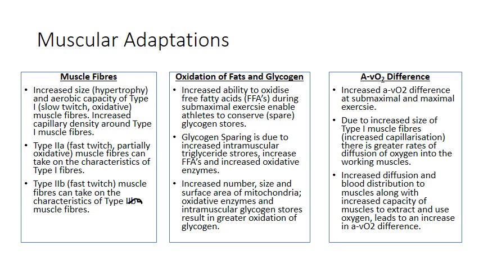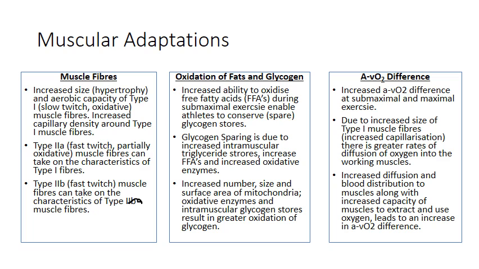As a result of aerobic training, at submax and max intensity exercise, your AVO2 difference will increase. So there will be a greater difference between the oxygen concentration in the arteries compared to the venules, simply because the muscles will be taking in more oxygen. They're better at extracting it.